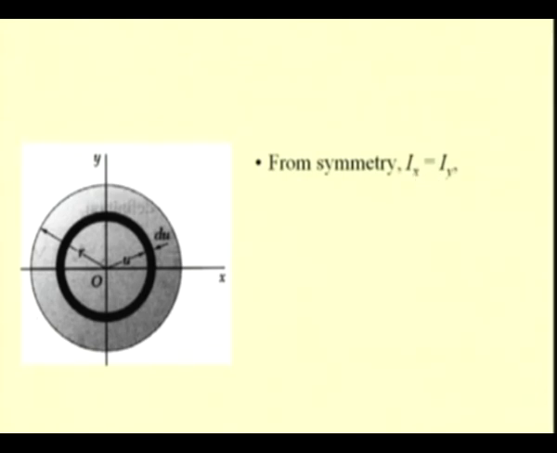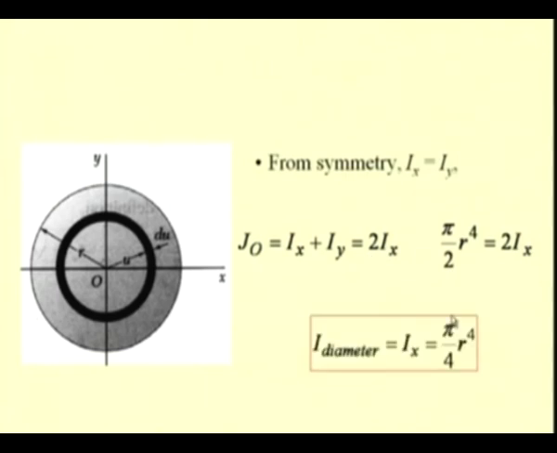The rectangular second moments are the same, and so we write Jo is equal to the sum of the rectangular second moments, which is equal to 2 Ix or 2 Iy, both being same, and from this, since we have now determined Jo, we can determine Ix, which has been found as pi by 4 r to the power of 4, and this is the same with respect to the other diametrical line, that is the y axis also.